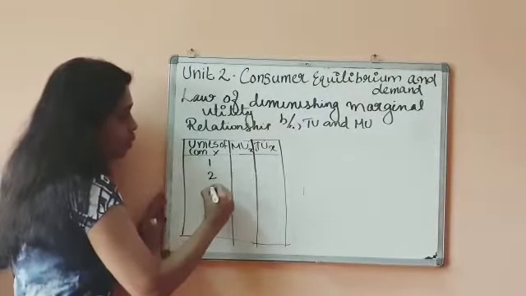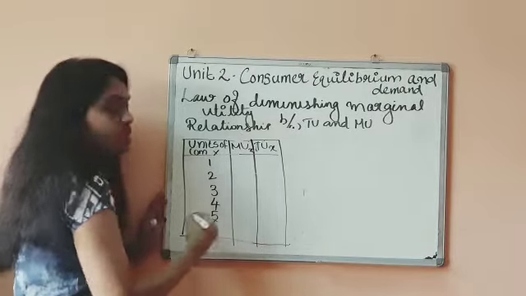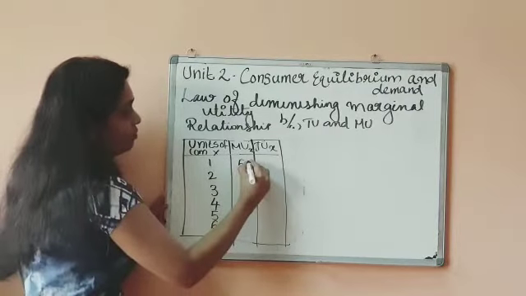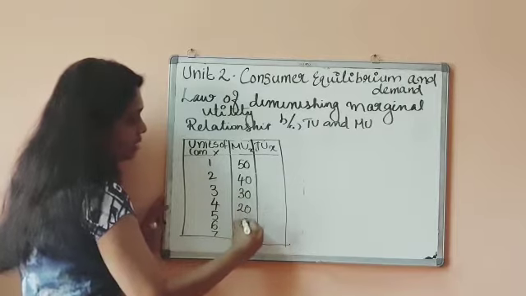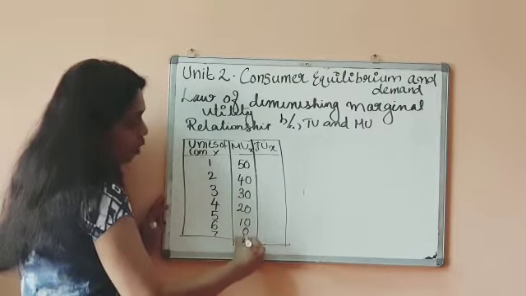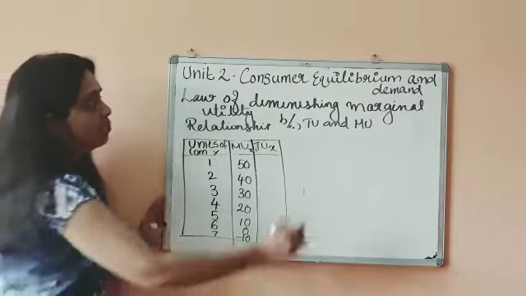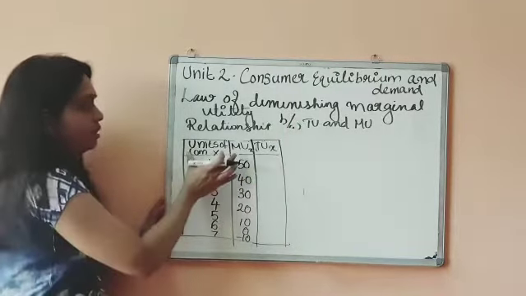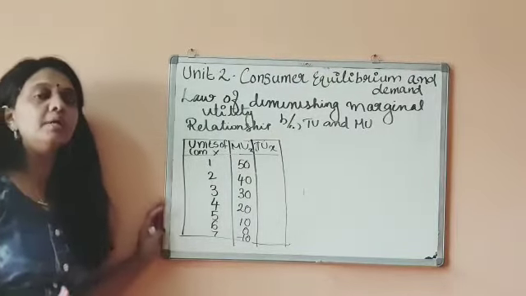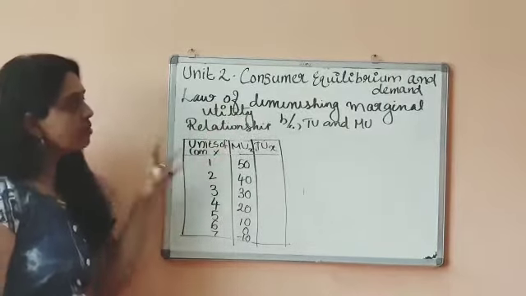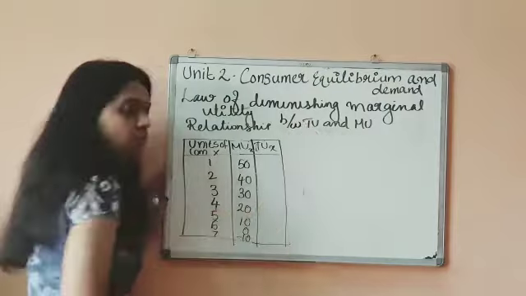Units: 1, 2, 3, 4, 5, 6, 7. MUx: 50, 40, 30, 20, 10, 0, minus 10. Actually, in the law of diminishing marginal utility, with only units of commodity X and MUx we can explain. But here I explain the law of diminishing marginal utility and the relationship between TU and MU in one diagram.